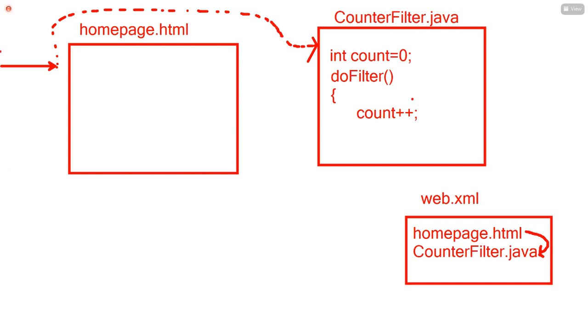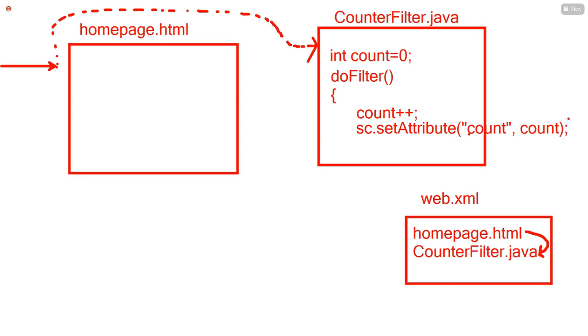Now, whenever a request comes to HTML, the control is diverted to the filter. The filter is executed. After executing, this count value you place in the servlet context attribute, using servletContext.setAttribute. Here the count variable is also count; otherwise any other name you can write.